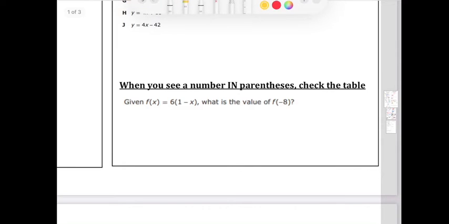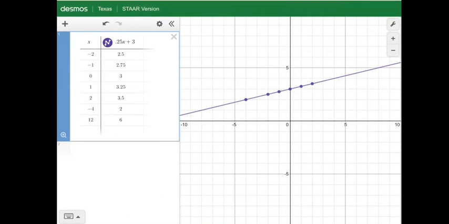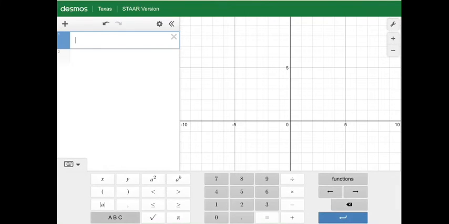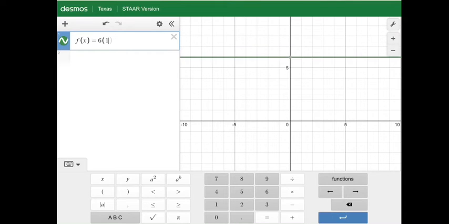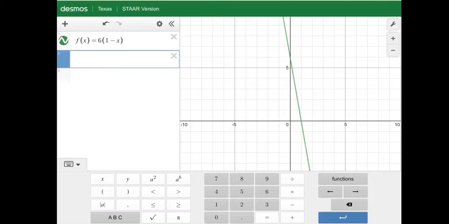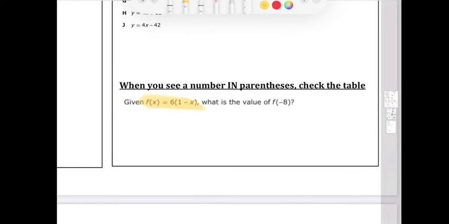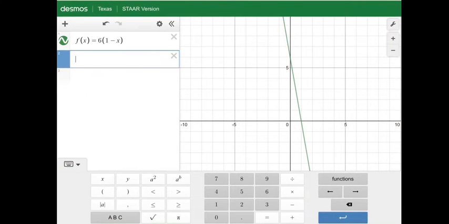Okay, last one of these. Anytime I see a y equals or an f of x equals, I just type it in. f of x equals 6, open parentheses, 1 minus x. Okay, so that's the original one it asks for. Then it asks for f of negative 8.